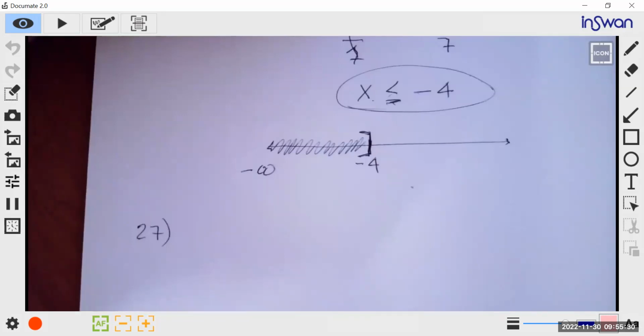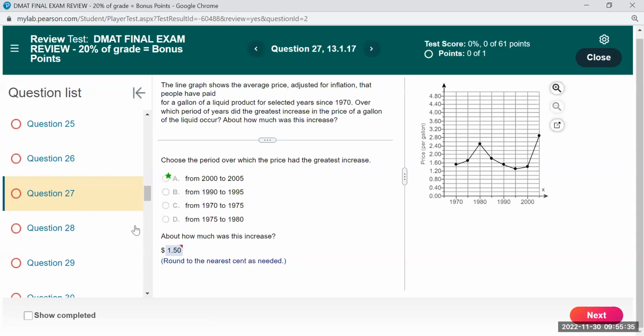Number 27. Okay. Choose the period over which the prices had the greatest increase. Okay, this one just had a 0.4 increase.